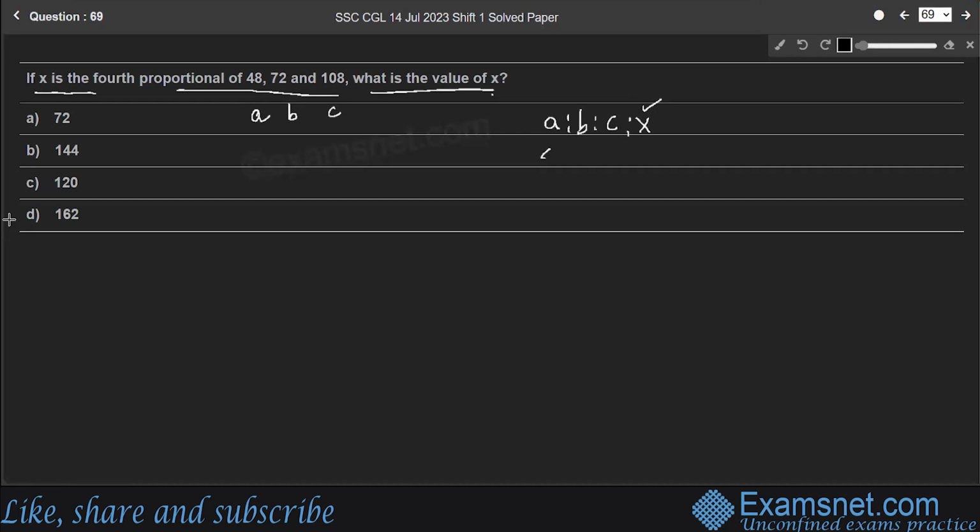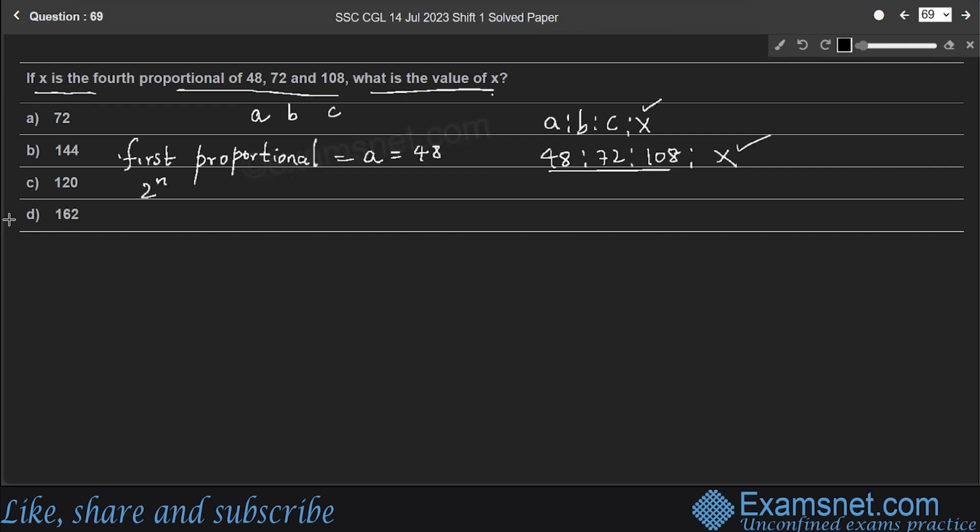Since these three numbers are in certain proportion, here we need to find the value of X. So by considering the three numbers as first, second and third proportionals, let the first proportional be A equal to 48.